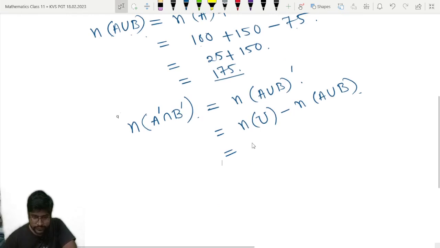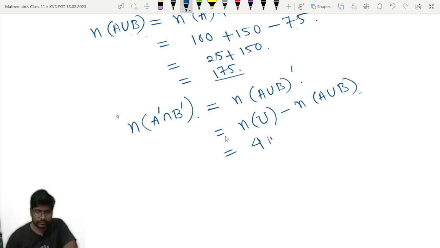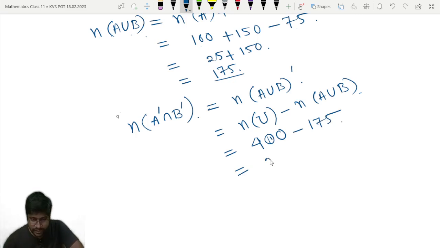So number of U means 400, and number of A union B is 175, already we have found. So this will be equal to 225. So this is our answer, 225.